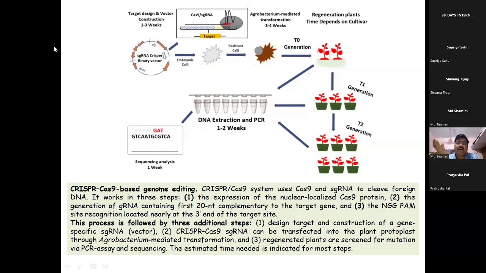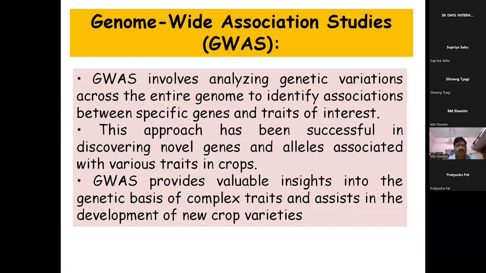Then we can regenerate, and after regeneration, in the T1 and T2 generations, we check whether the changes have occurred or not. If precise changes have been found in the particular variety, then we proceed to checking for different traits in the environment, or in field conditions.